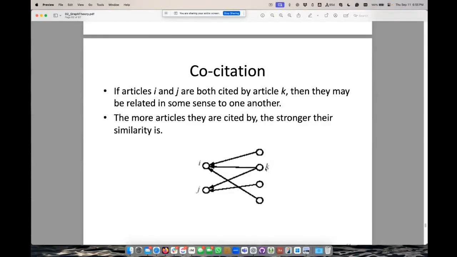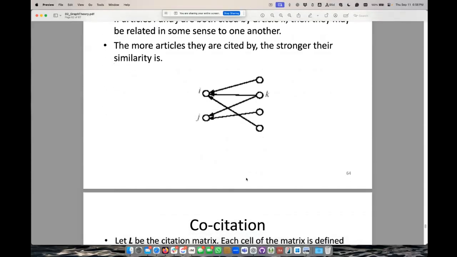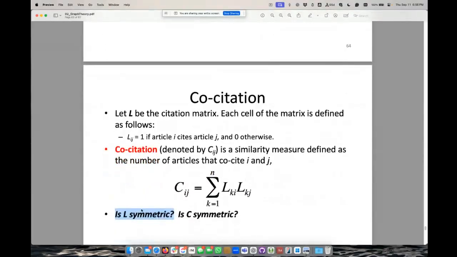In fact, it is not possible. This is always a temporal graph where an article that cites another article will be published after the article that they have cited, right? So in this case, this is always a directed graph. It cannot be bidirectional. So this is always an asymmetric matrix. So L is asymmetric, so this will be no.